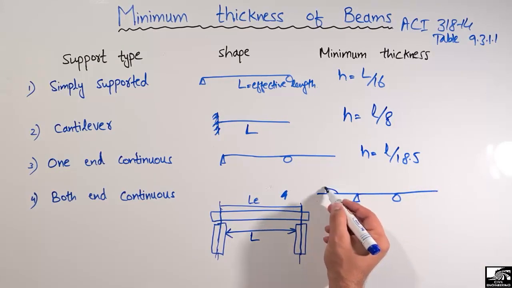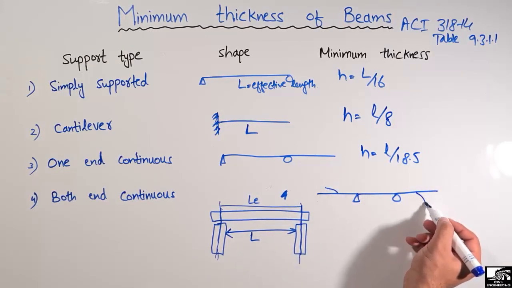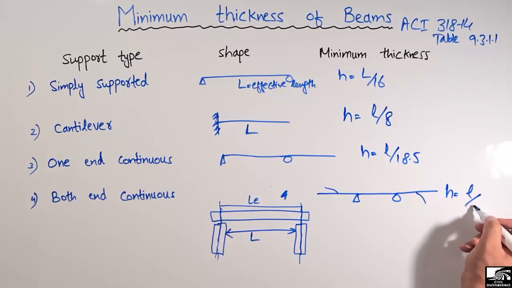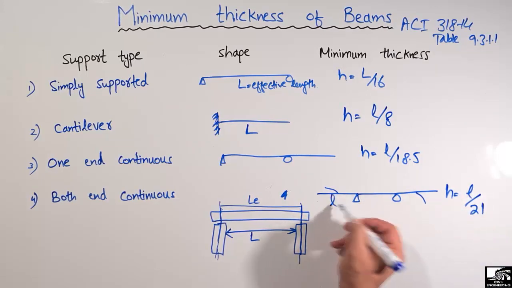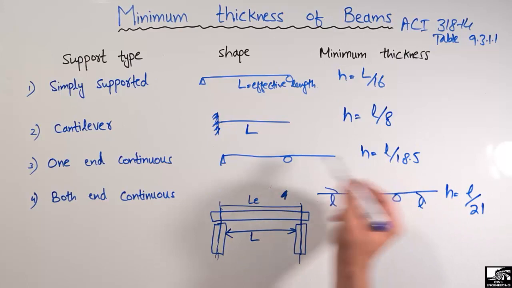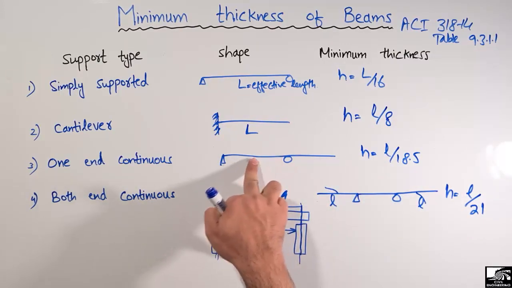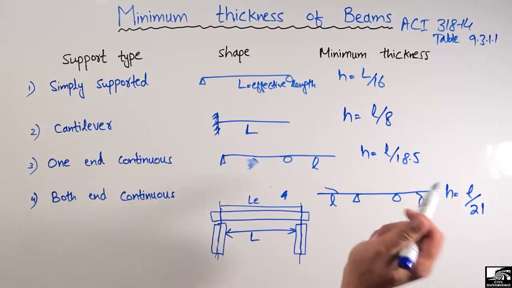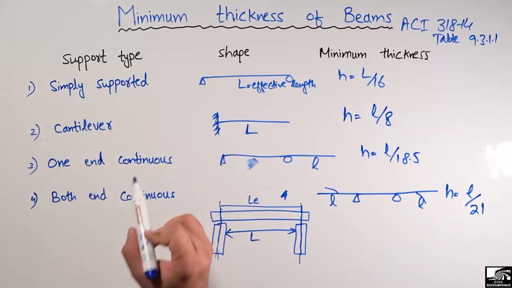This end is continuous and also this end of the beam is continuous. So the minimum thickness will be equal to L divided by 21, where L is the effective length of the beam. This is the way to find the minimum thickness for four different types of beams.